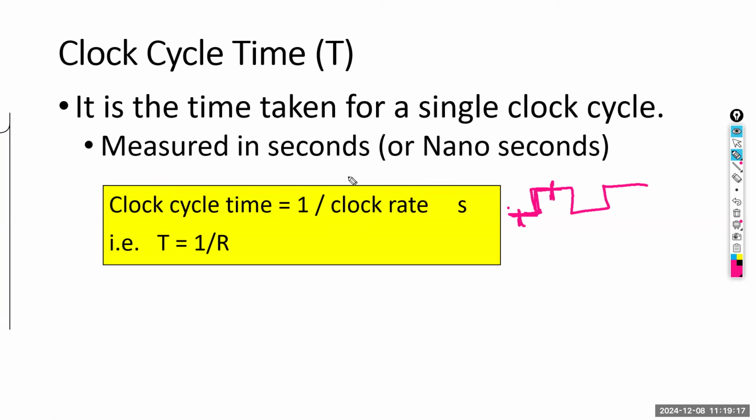It is 1 over clock rate. Right? So if let's assume your clock rate is 1 hertz. 1 hertz means 1 cycle per second. So then your clock cycle time is 1 second. If your clock rate is 2 gigahertz, again, cycle. So then what is the clock cycle time?